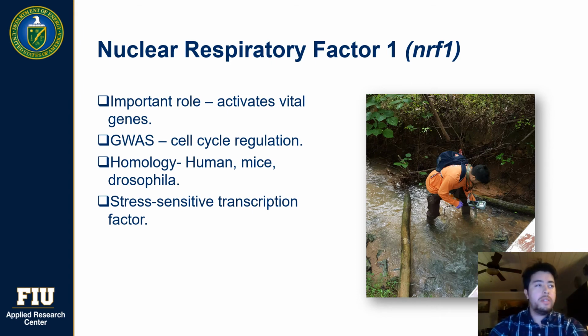Also across species, NRF1 is found in humans, zebrafish, mice, and Drosophila. I've mentioned before that this is a very well-documented transcription factor and is stress sensitive, which I am trying to use as a marker for heavy metal exposures.